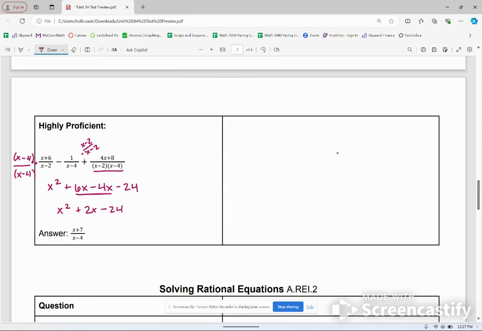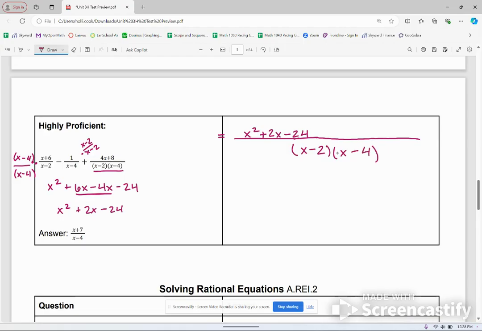For the very first term on top, once we've multiplied, we have x squared plus 2x minus 24. Then I'm going to combine all of these into one line because they all have our common denominator of x minus 2 and x minus 4.